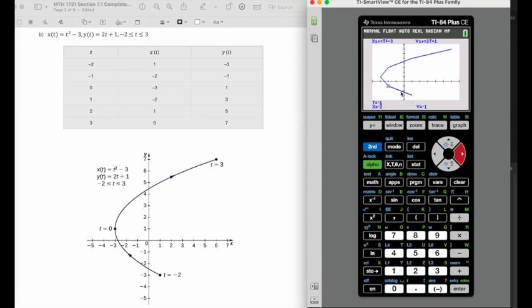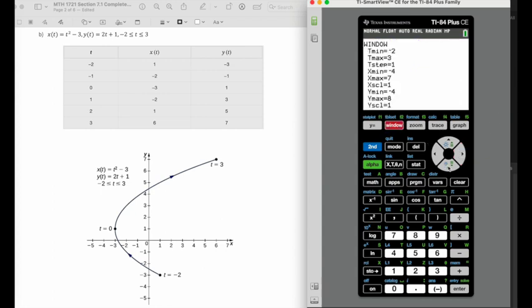There's going to be no in between, which is why it looks so rigid. So when I hit trace again, it's going to hop up to 0. It's skipping all the points in between because I told it to go by steps of 1. Now, if I go back to my window and I change this to say steps of 0.5, it's going to look more smooth.